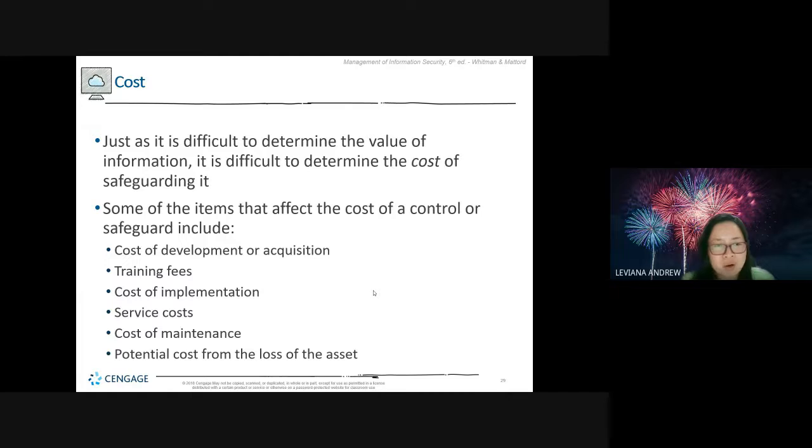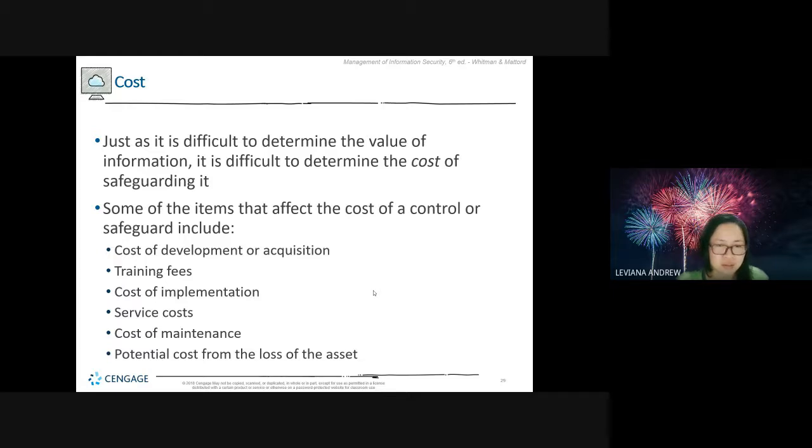So what are the costs? Some items that affect the cost of a control or safeguard. Number one is the cost of development and acquisition. The training fees on using the system or the software. Cost of implementing the system.